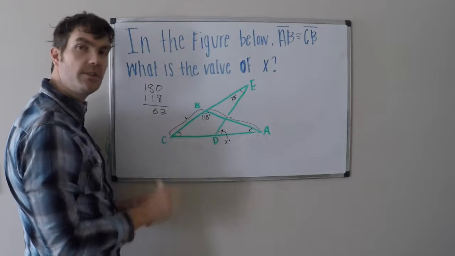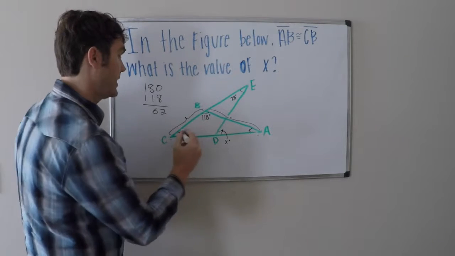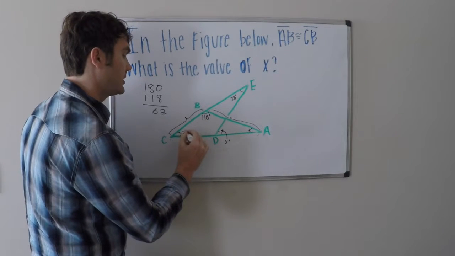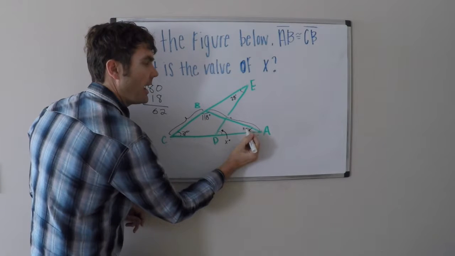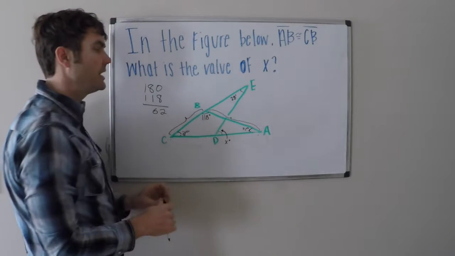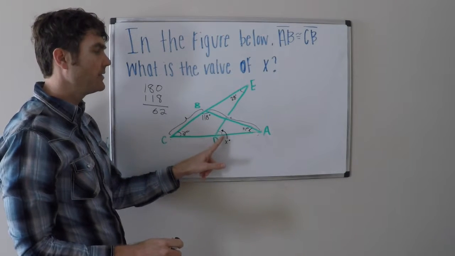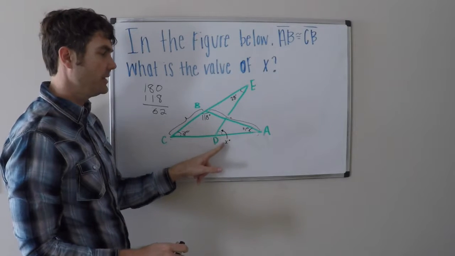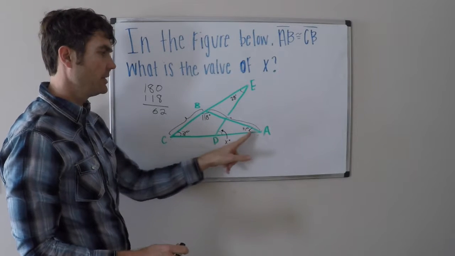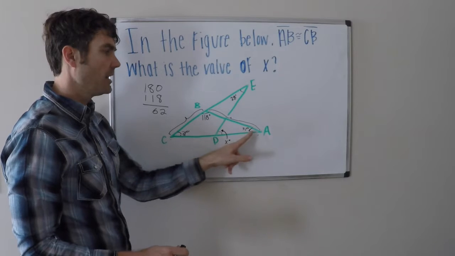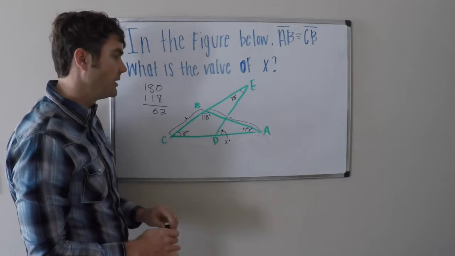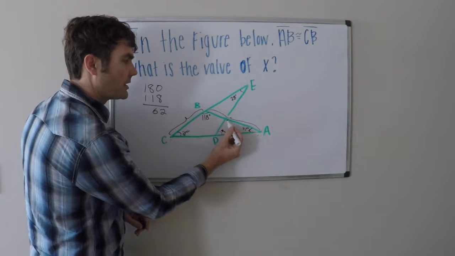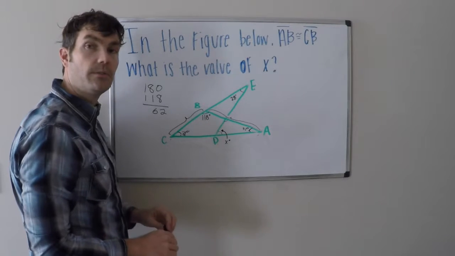I'll take the 62 and divide that in half, and that gives me 31 degrees both here and here. So that's helpful. Now I've got one of the angles I need to figure out this x, because I know that this angle, this angle, and this angle add up to 180 degrees. But I need this angle here to find the x.